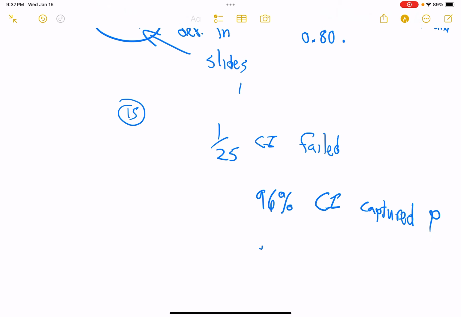Now, that is about a 95% confidence interval. If you were to ask me, which confidence interval is it? Is it a 90%, a 95%, or a 99%? I would say that on slide 15, we are looking at a 95% confidence interval. And I determined that by calculating the percentage of confidence intervals that were pictured there that actually captured the true parameter given. Slide 16 allows you to do this again. Okay?